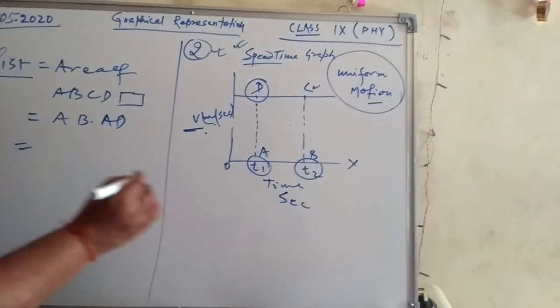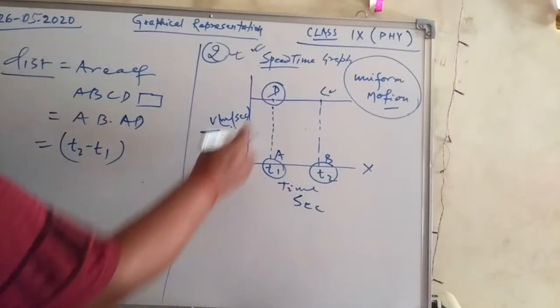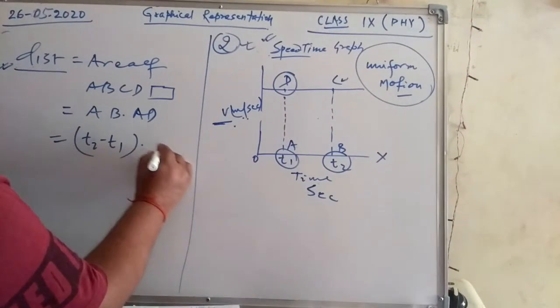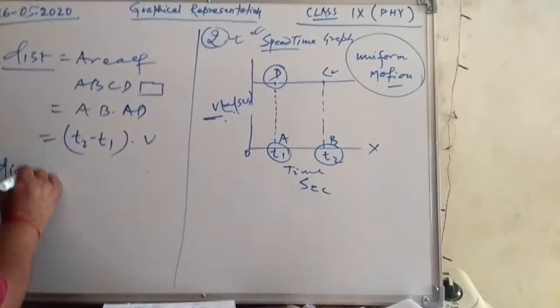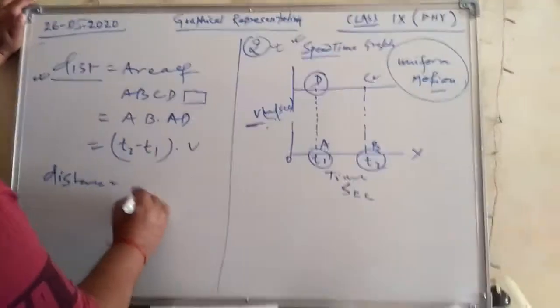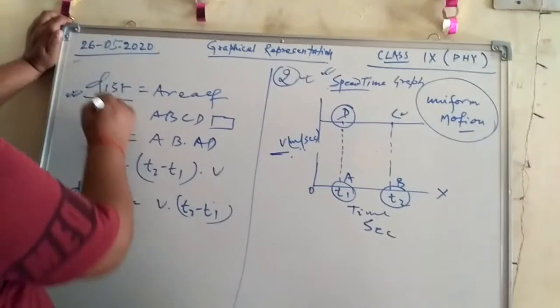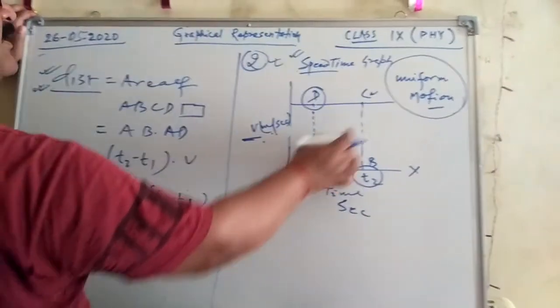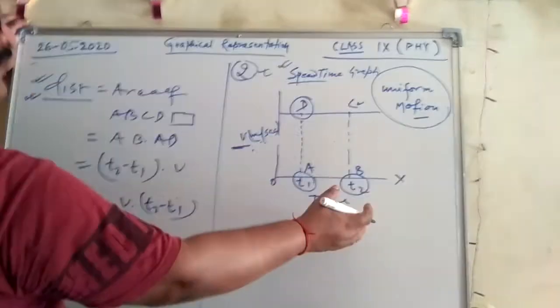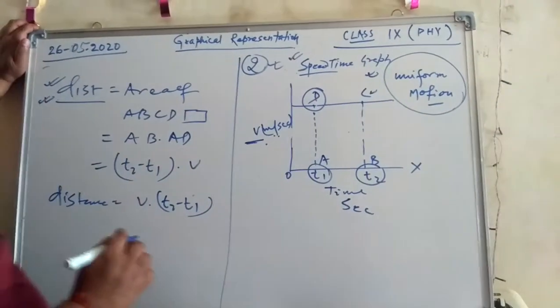From the figure, AB is t2 minus t1 and AD is equal to V. So you see that distance can be calculated by V into (t2 minus t1). So when you want to calculate distance from this speed-time graph, the body has uniform motion.